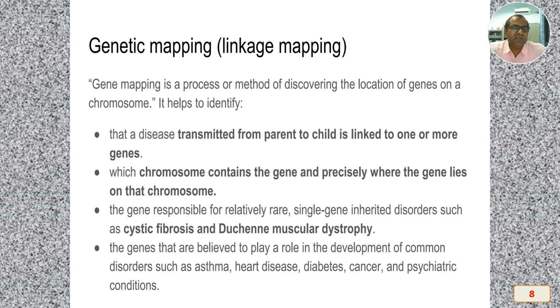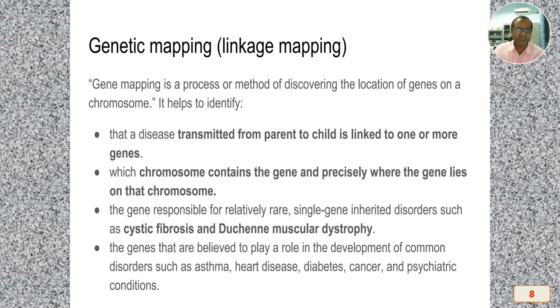Another thing is genetic mapping, or linkage mapping. Gene mapping is a method of discovering the location of genes on a chromosome. A disease transmitted from parent to child is linked to one or more genes, and gene mapping tells which chromosome contains the gene and precisely where the gene lies on that particular chromosome.